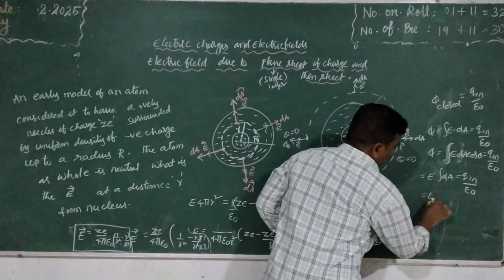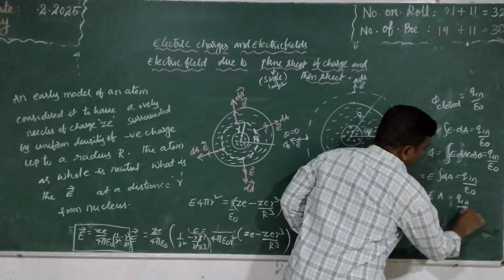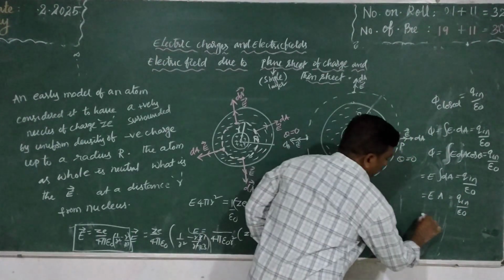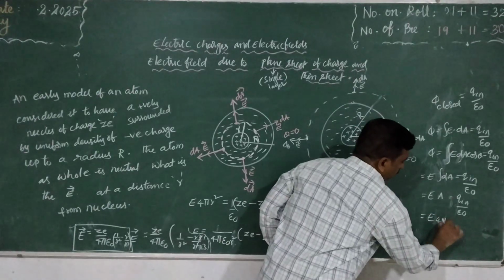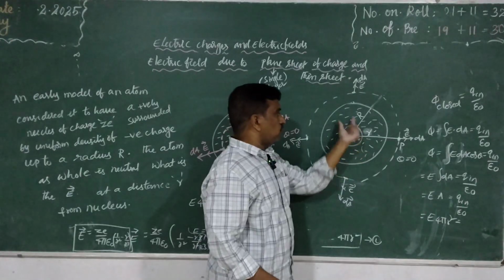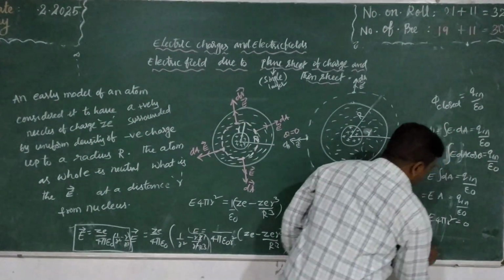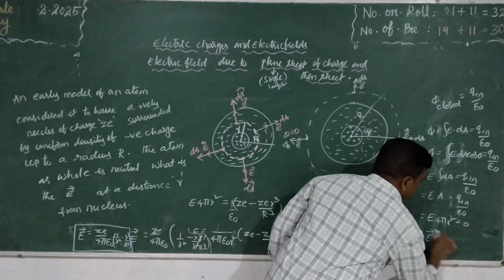So E dA cos theta equals q inside by epsilon naught. Here theta is 0, so E integral dA equals q inside by epsilon naught. Integral dA means A, the surface area 4 pi r square, which equals q inside. Here positive, here negative; the total atom is neutral, so q inside is 0. So the electric field here is 0.